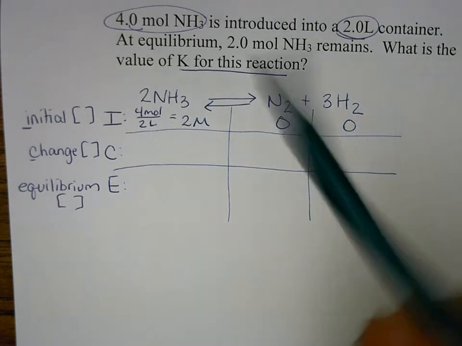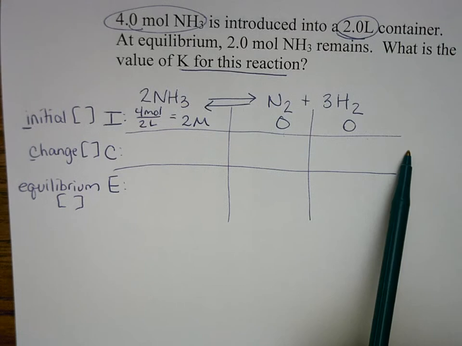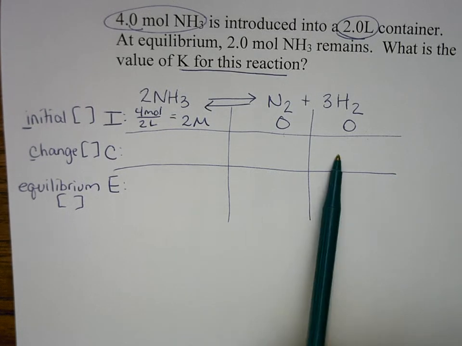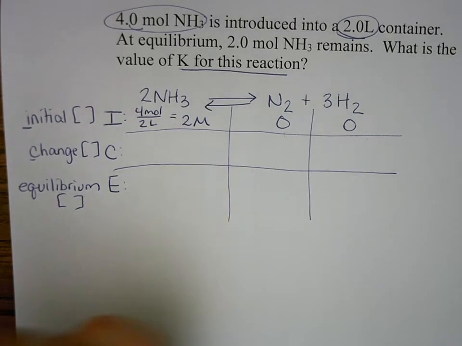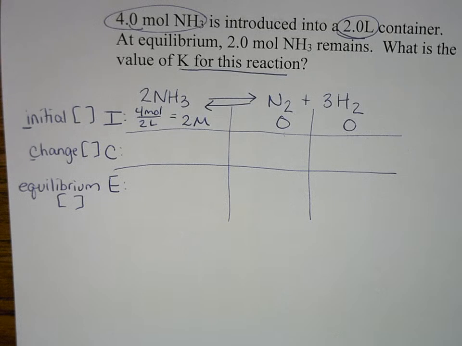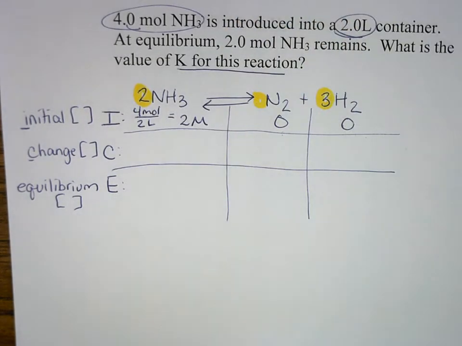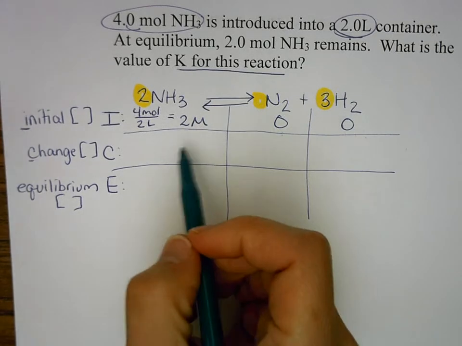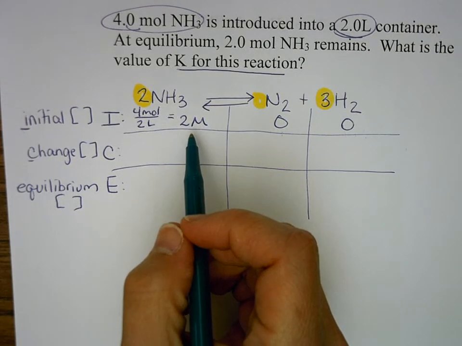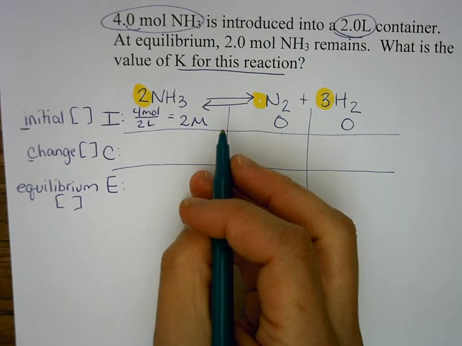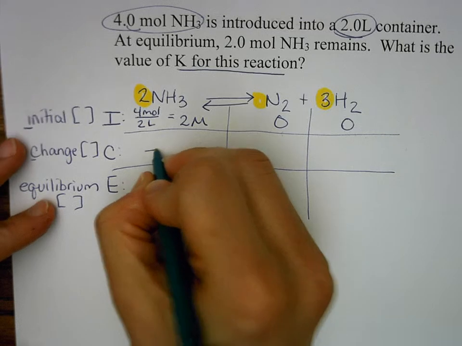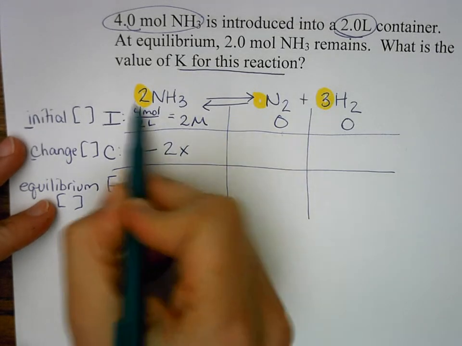Now, when you go through the row of change, how the concentration changes, you're looking at the ratios based on coefficients. So as NH3 disappears, which goes along with what we did in chapter 12, it's going to disappear at a rate of negative 2x.